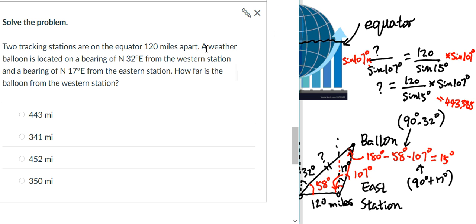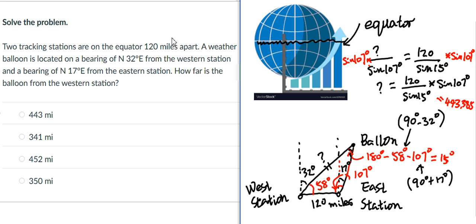And then here, the weather balloon is located on a bearing of north 32 degrees east from the western station. What's the meaning of that?